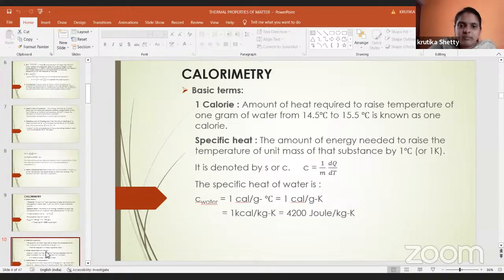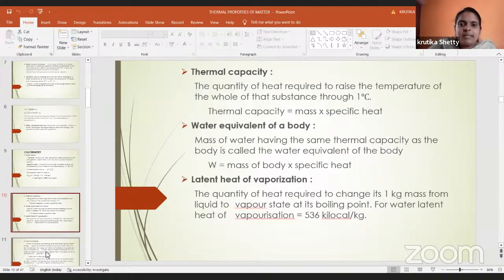Then thermal capacity is given by mass into specific heat capacity. Then next we have latent heat of vaporization. To change the state from liquid to vapor state, that is called latent heat of vaporization.